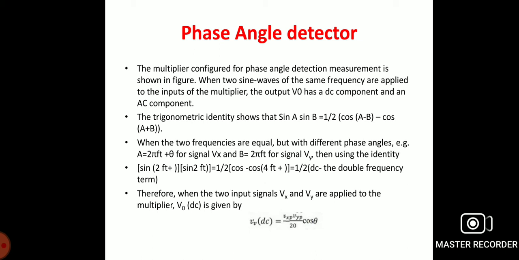For example, A equals 2 pi ft plus theta for signal Vx, and 2 pi ft for signal Vy. Then using the identity, when the two input signals Vx and Vy are applied to the multiplier, V0 DC is equal to Vx Vy divided by 20 times cos theta.